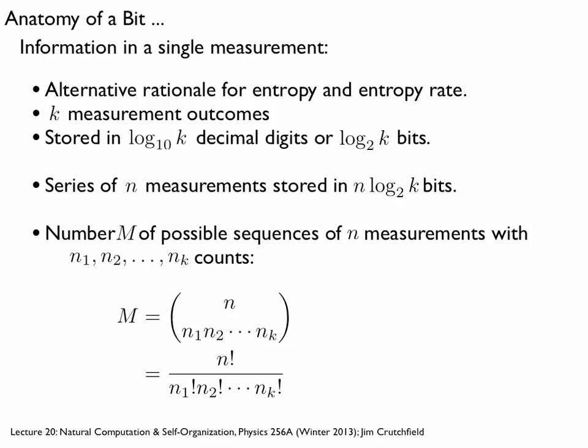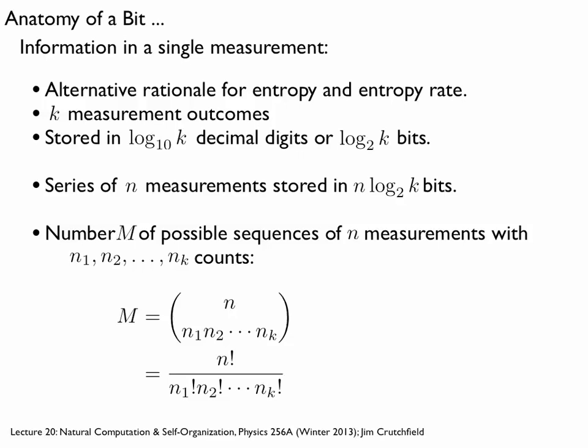Okay, so I want you to imagine that we have an instrument, and when we ask for a measurement, it outputs one of k outcomes. Think of a coin, heads, tails. And if we wanted to store the measurement, we're going to have to go to Fry's or Best Buy and buy some memory. Since we have one of k outcomes, we can store that using log base 10 of k decimal digits, or our preferred unit here, log base 2 of k bits.